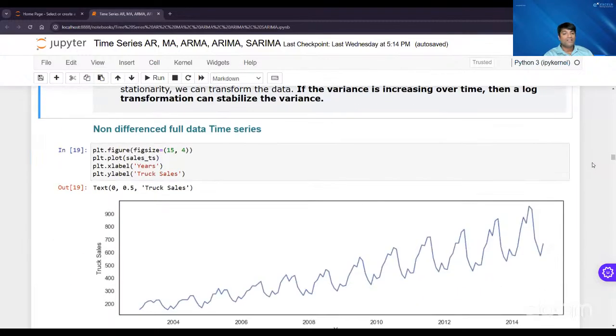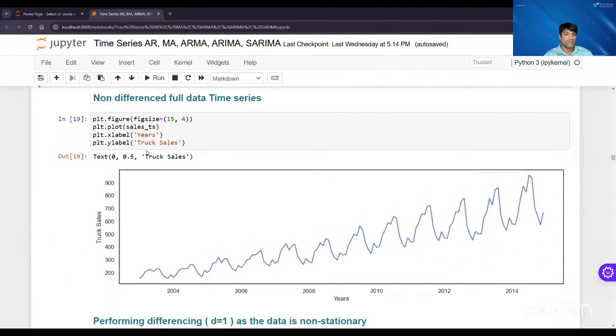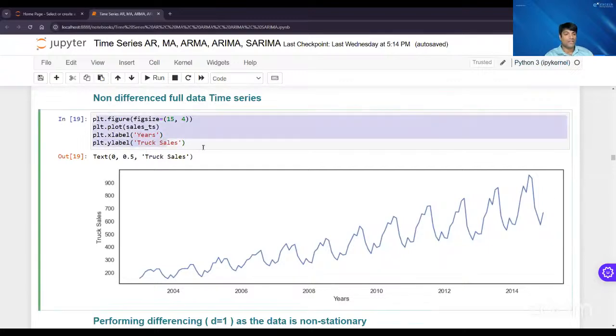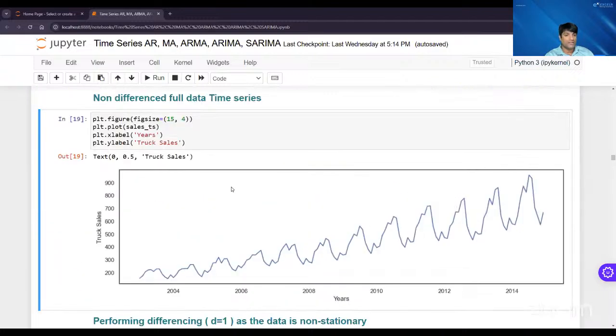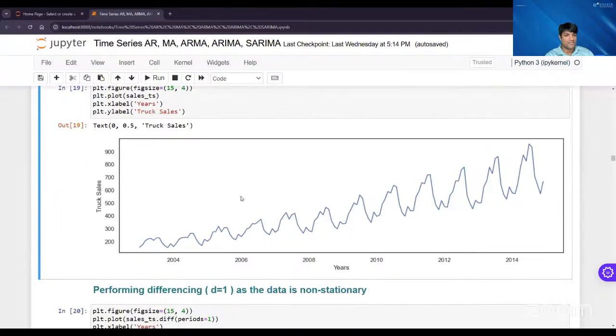First, let us plot the graph without differencing, plotting the years and the sales for the entire data. That is the non-differenced full time series data. After that, I am plotting with the difference. Let me show you the exact difference.